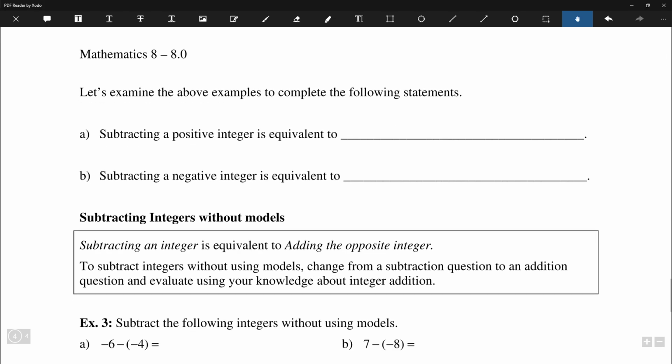So to summarize what we just looked at, subtracting a positive integer is equivalent to adding the negative equivalent.